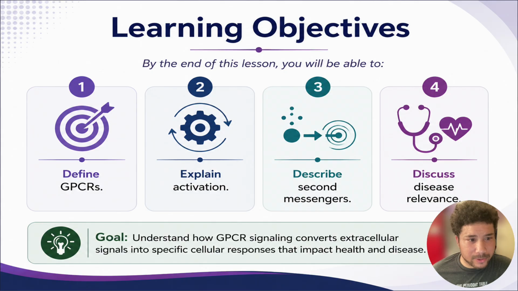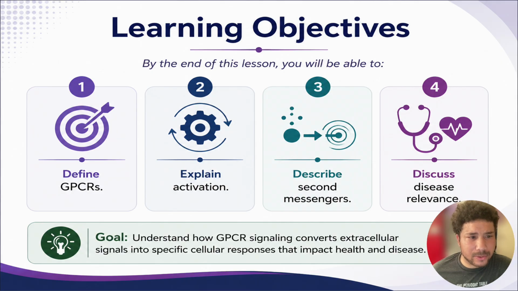Third, you should be able to describe the major second messenger pathways associated with Gs, Gi, and Gq proteins. We will focus on cyclic AMP, protein kinase A, phospholipase C, IP3, DAG, calcium, and protein kinase C.